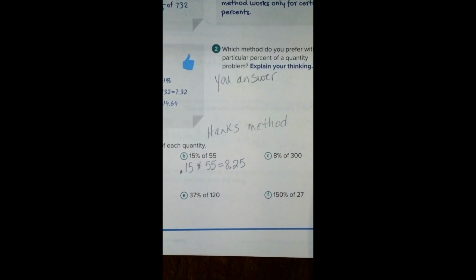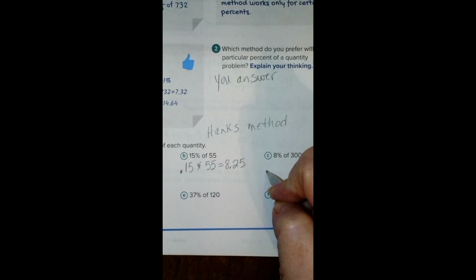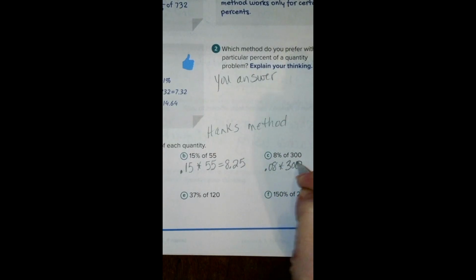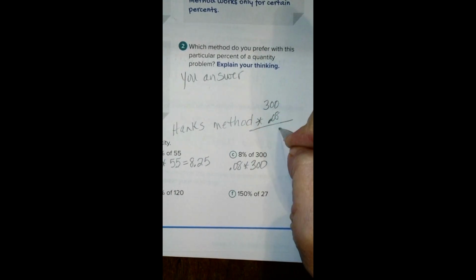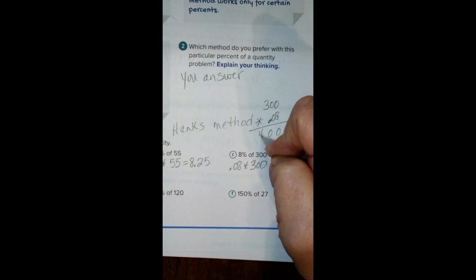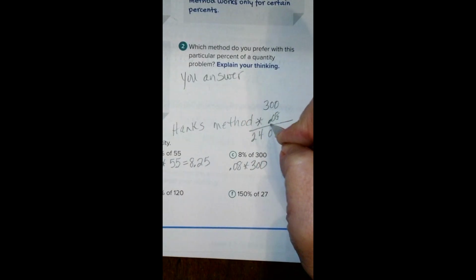Letter C, 8% of 300. 8% is 0.08 times 300. So if I kind of up here say 300 times 0.08 is 8 times 0, 0, 8 times 0, 0, 8 times 3, 24. I don't need to do this next row because it's just all zeros.